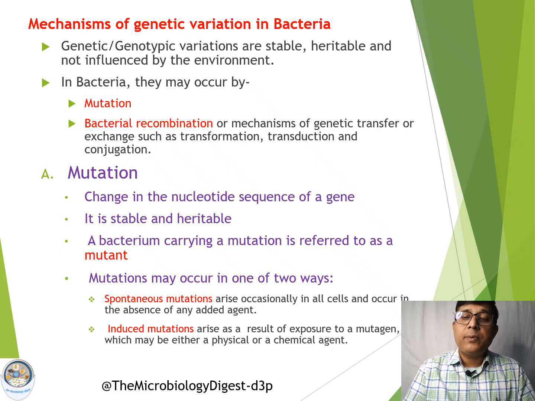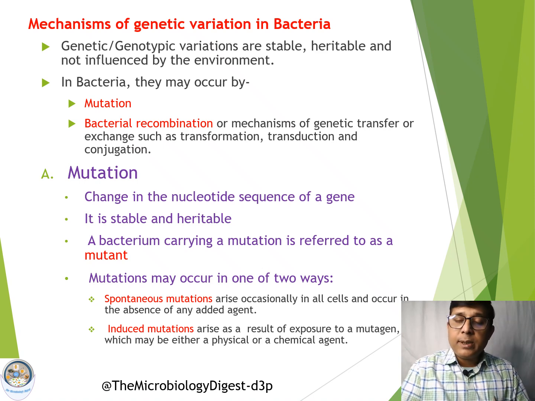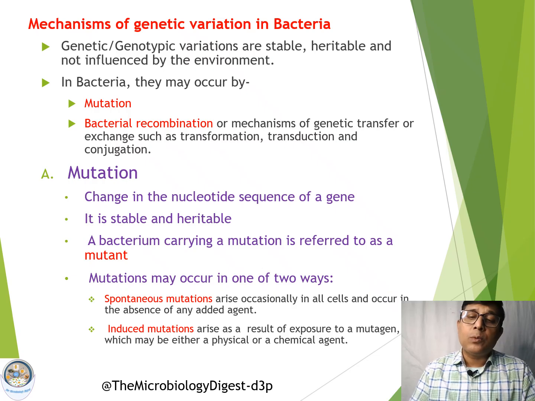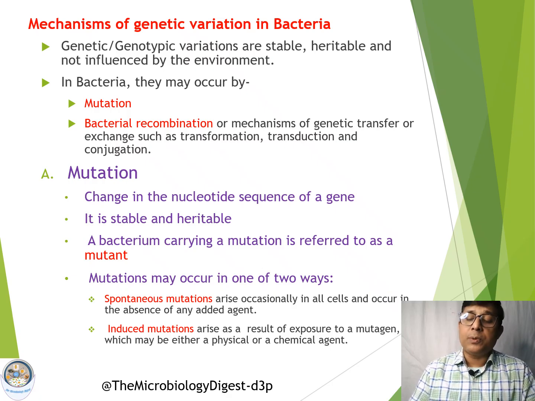So these are purposefully induced mutations, or changes induced in a particular gene. So there may be exposure to mutagens. Mutagens are the substances which can cause mutations to occur. So there may be exposure to mutagens, which may be a physical or chemical agent. Okay, these are induced mutations.